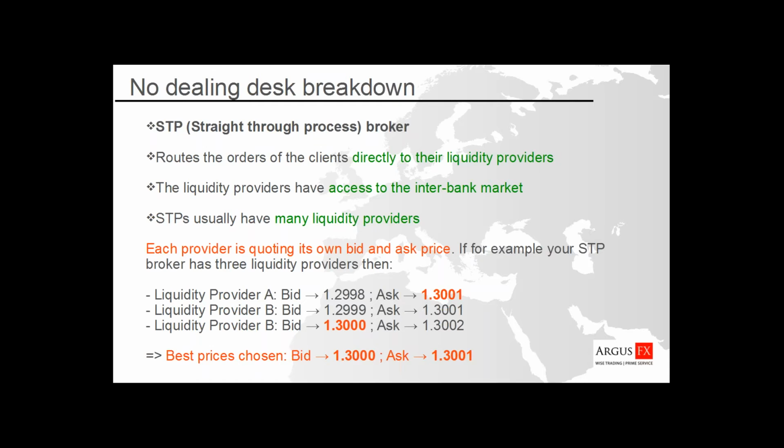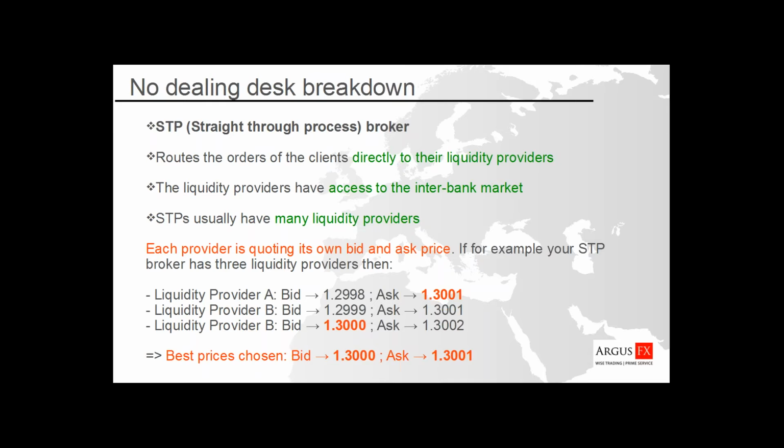And STPs usually have many liquidity providers. And why do they have many liquidity providers? Each provider gives its own bid and ask price. So let's assume that your broker has 3 liquidity providers, which, as we said, are banking institutions that have the capital to cover the leverage which you are placing on your trades.